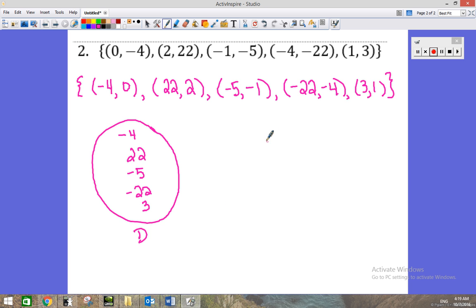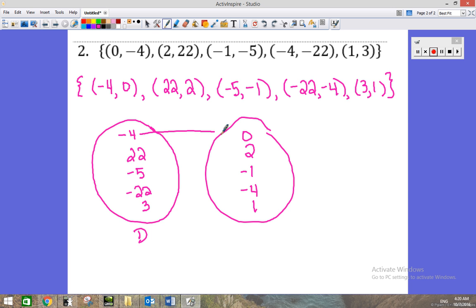That's my domain set. And then if I list the members in the range, and if I just draw arrows for the members in the domain and what they're related to in the range.